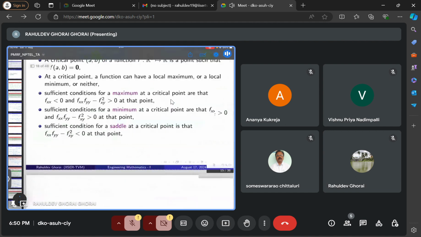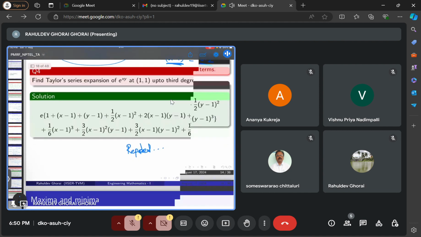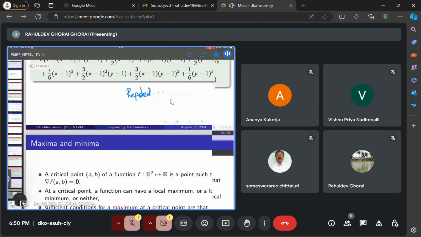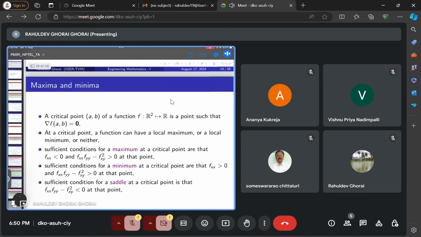So we don't do this again. Now we'll move to maxima and minima. Any doubt before maxima and minima? So we'll start maxima and minima, but before that, if you have any doubt in the previous part, then you tell.